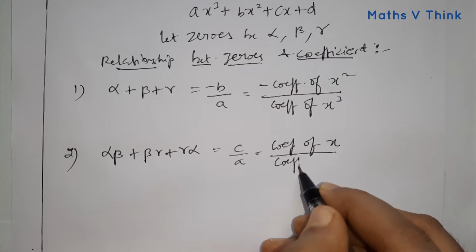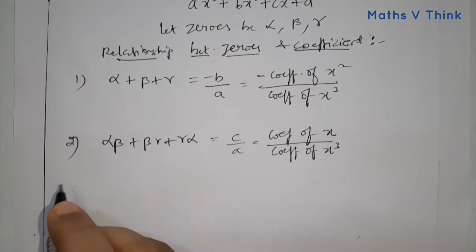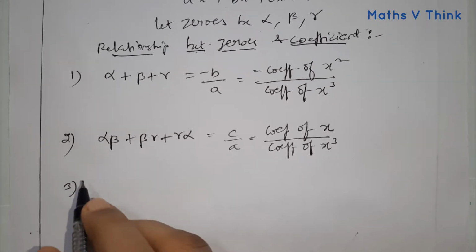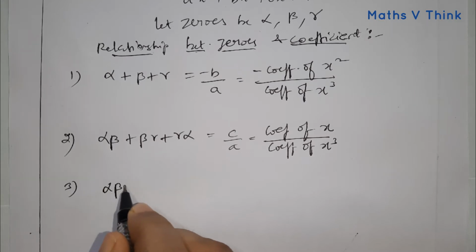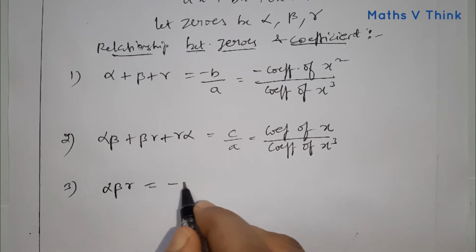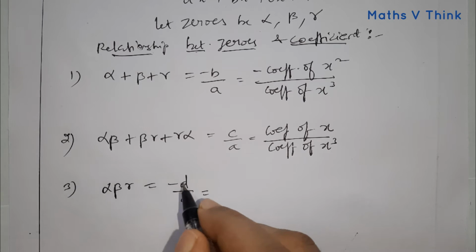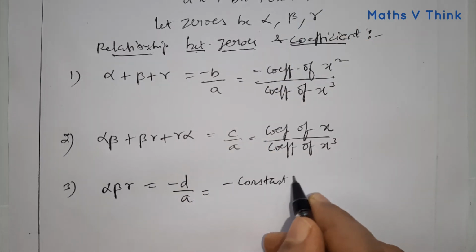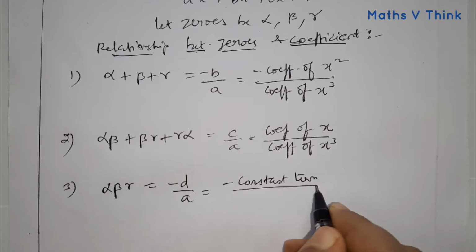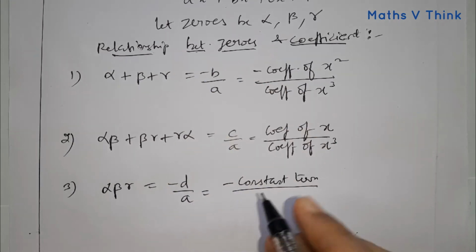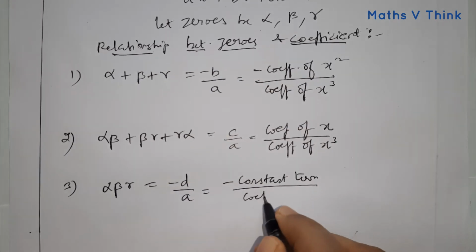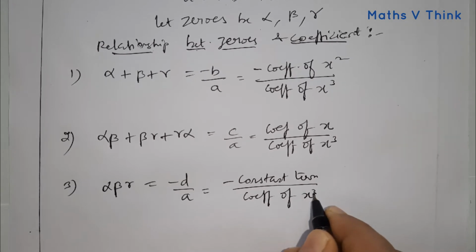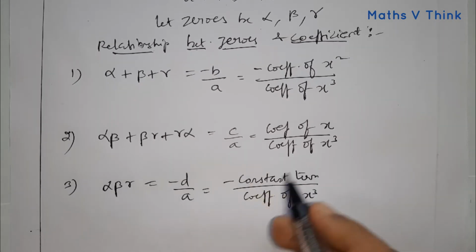The third formula is product of the zeros, nothing but alpha into beta into gamma is minus d by a. d is what? The constant term. So minus of constant term by a is what? The coefficient of x cube. So these are the formulas.